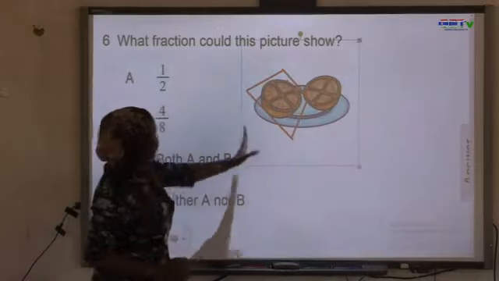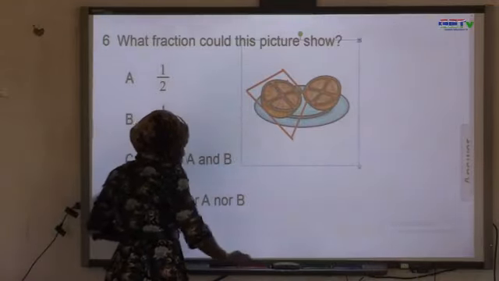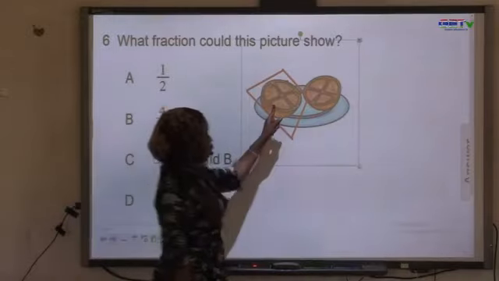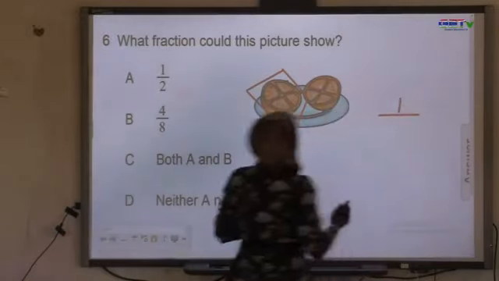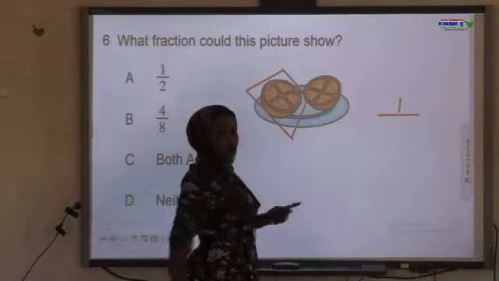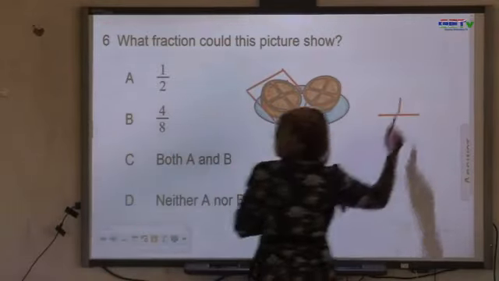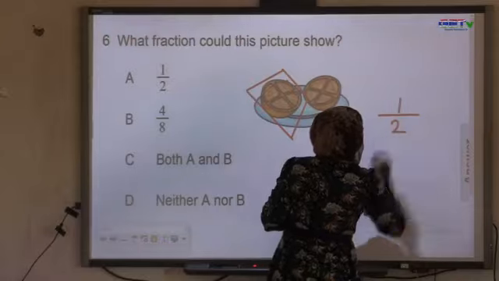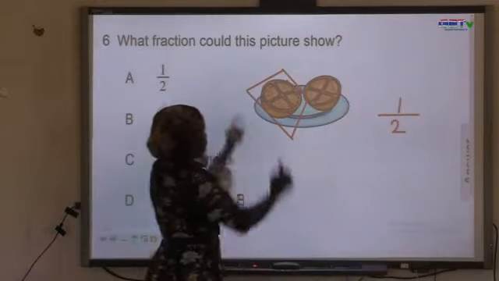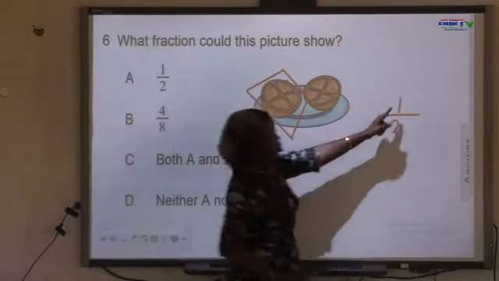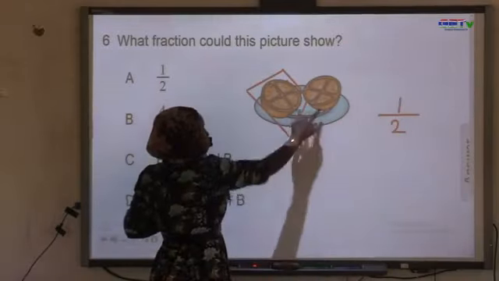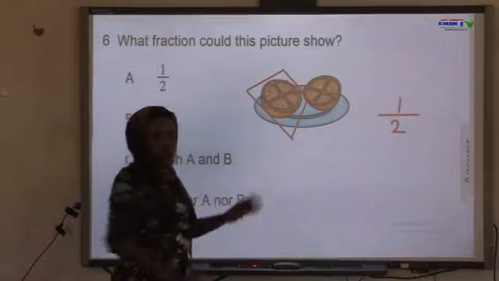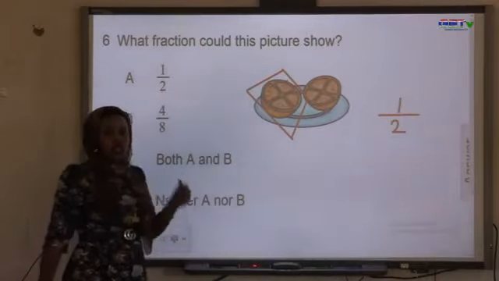If we are to represent this as a fraction, it is going to be 1 over 2, because we have 2 halves. 1 is the half that is in the box, over, that is divided by the 2 halves. So we have 1 over 2, which is a half.